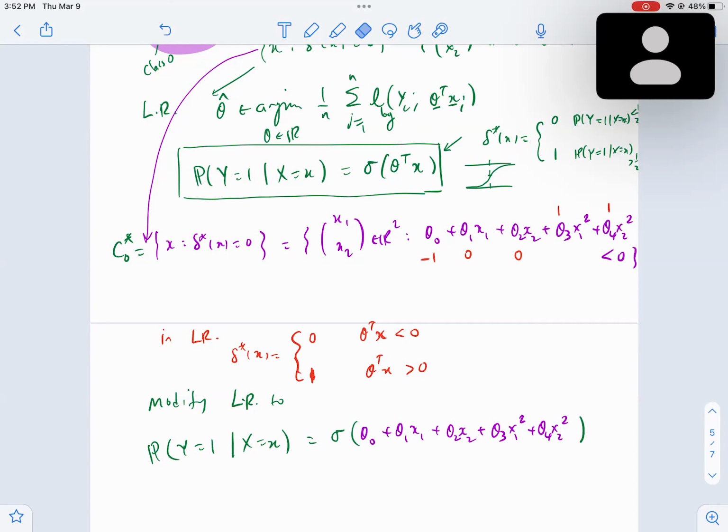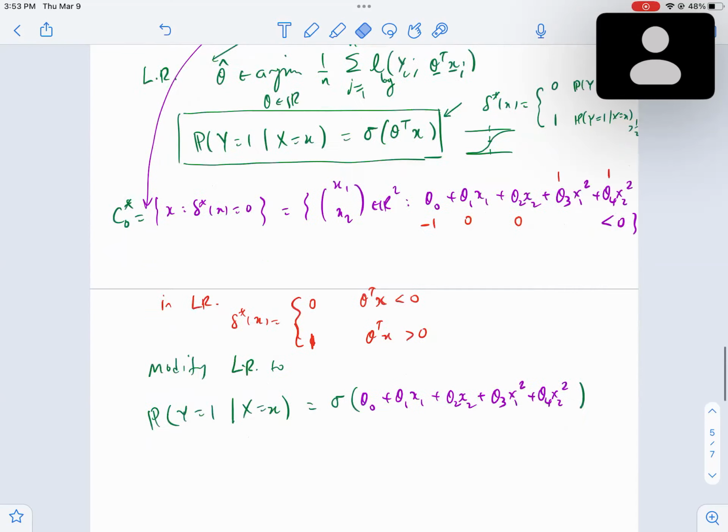The answer is yes, because the optimal rule says class 0 would be where the probability is less than 1/2, and that is where the argument is less than 0. So that's exactly the condition I want.